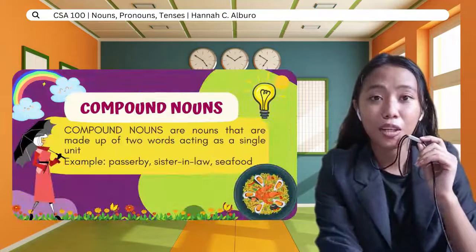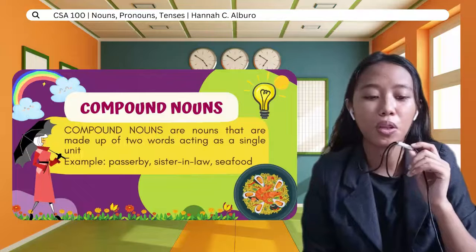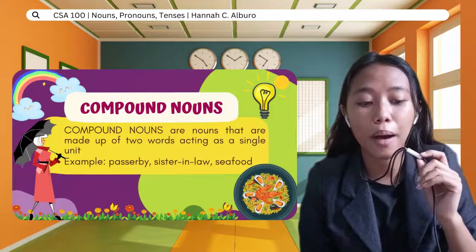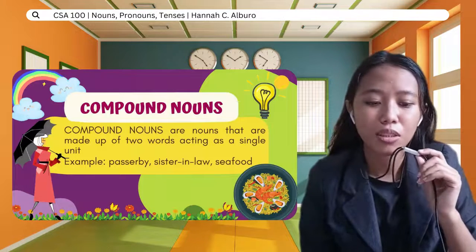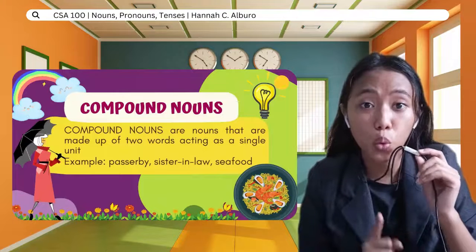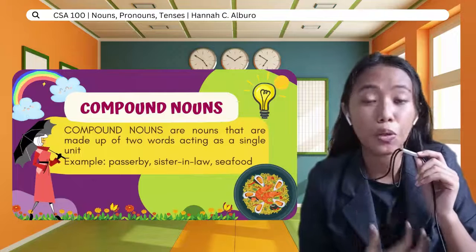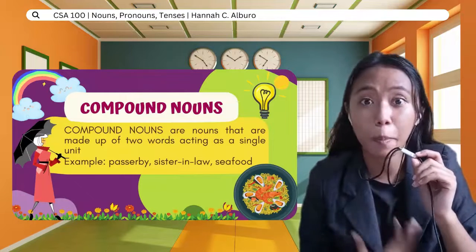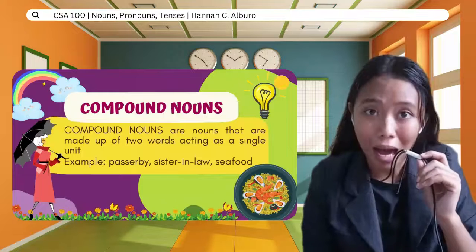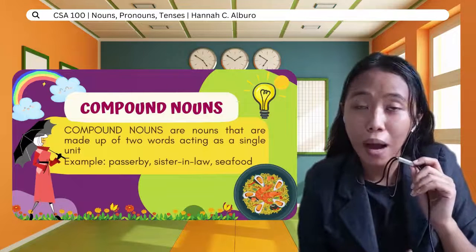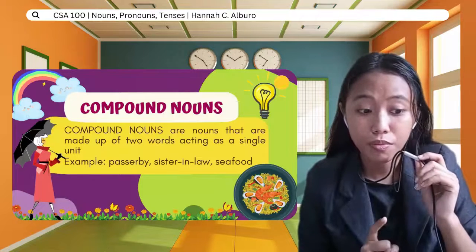So next kind of noun that we are going to tackle is the compound nouns. So these are nouns that are made up of 2 or more words that functions as a single unit. So take for example passerby, passer plus by. So the word passer and by, they are connected, no?